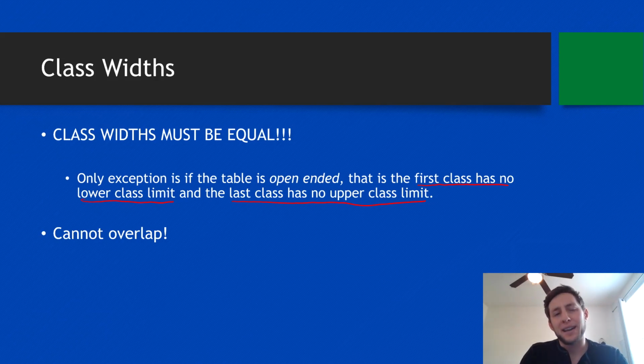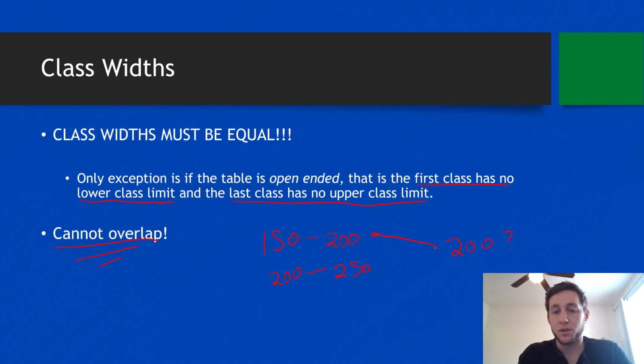Now, as we already got at, it's important that our classes do not overlap. This is very, very important, because if there was any overlap, even if my classes were, say, 150 to 200 and 200 to 250, it brings up the question of where does 200 go?